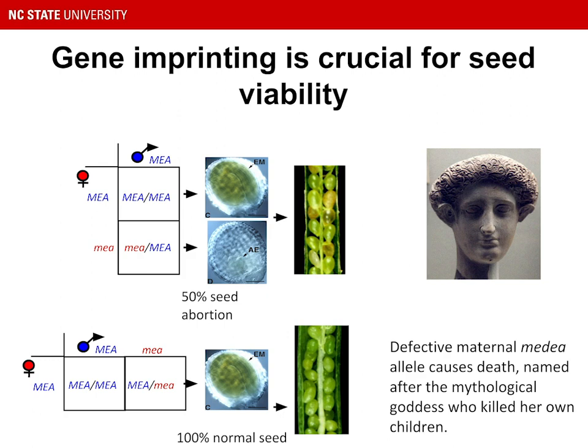So in the heterozygote plant, you get 50% aborted seed and 50% normal seeds. And this mutant allele has no effect if it's coming from the pollen. Part of the reason is because the gene is required in the female gametophyte, and also because the male allele is not expressed during endosperm development.